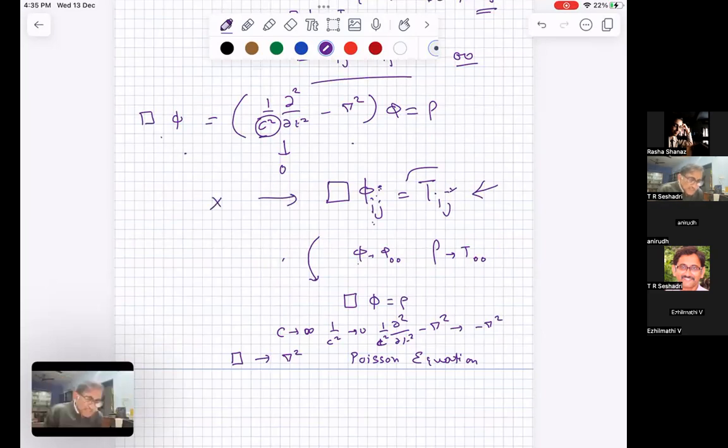That is why you need to look at this entire issue of gravity from a fundamental level and formulate it. It cannot be done by some patchwork of Newtonian gravity being incorporated into special relativity. Is this okay?